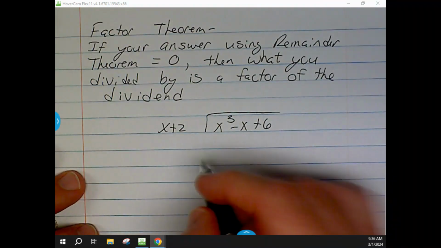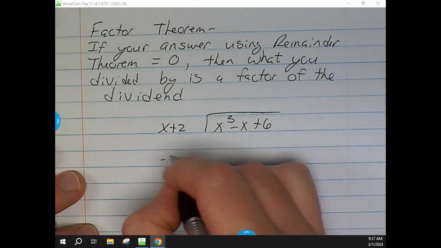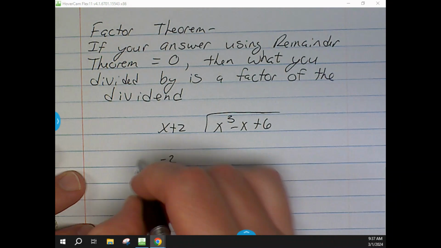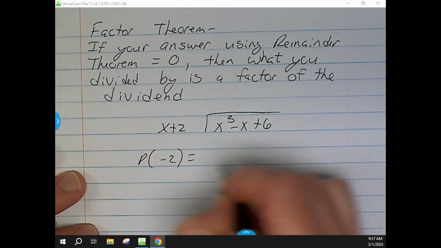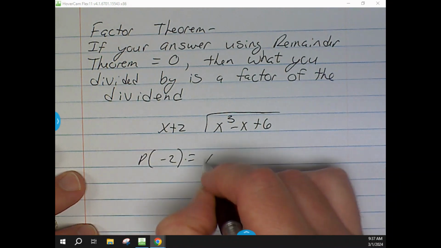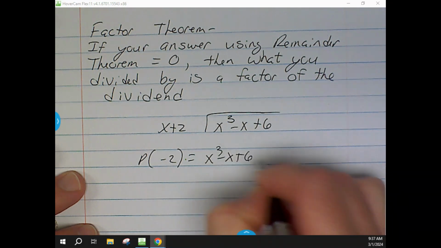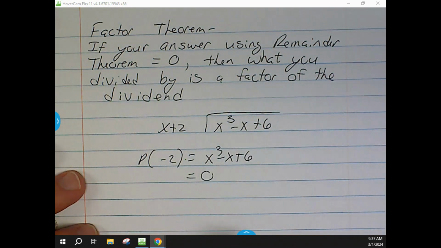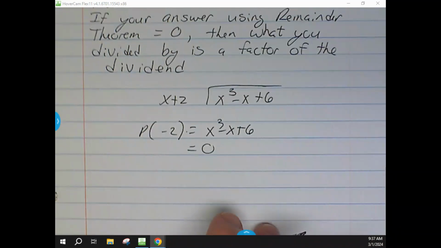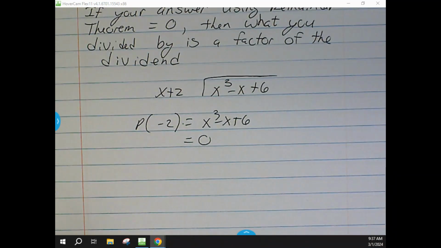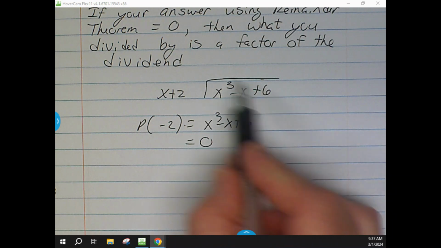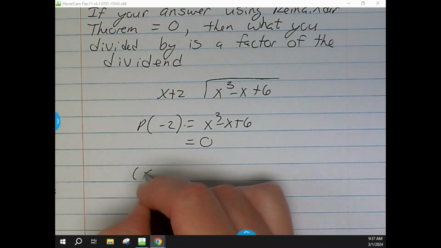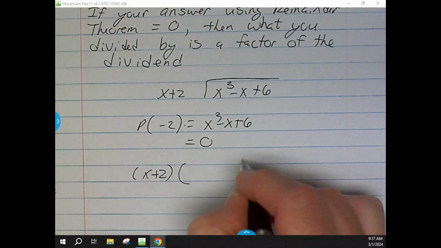So if we went back and took -2 and plugged it back into this equation, we would get 0. Basically what that means is, if you plug this number back in and you get this thing to equal 0, then you can actually take this expression and factor it as x plus 2 times something else.